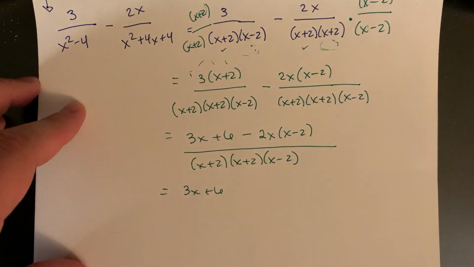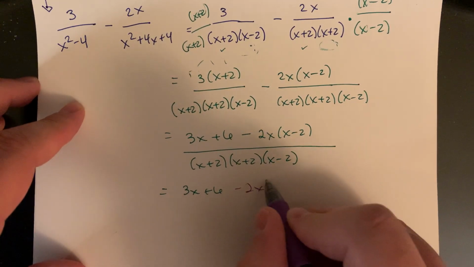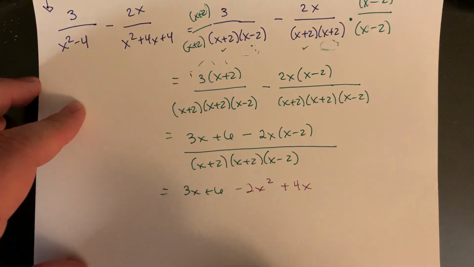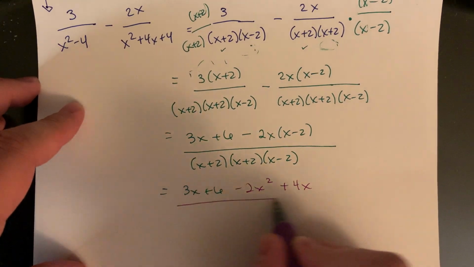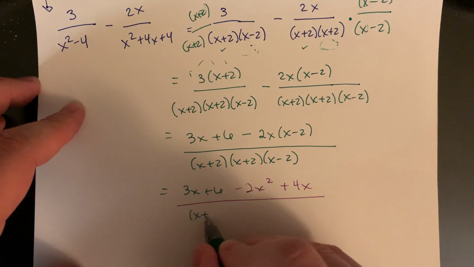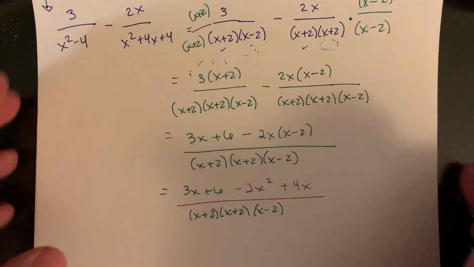This would be what? If I distribute minus 2x times x, so minus 2x squared, minus 2x times minus 2 would be plus 4x. Right? Again, all over x plus 2 times x plus 2 times x minus 2.